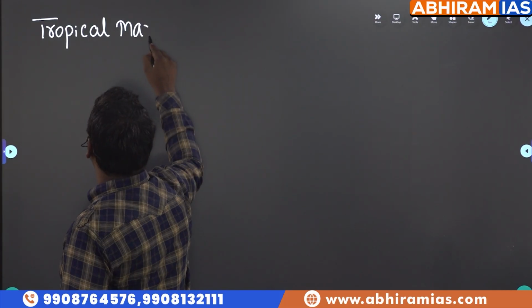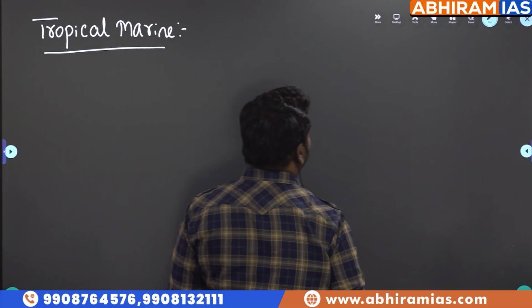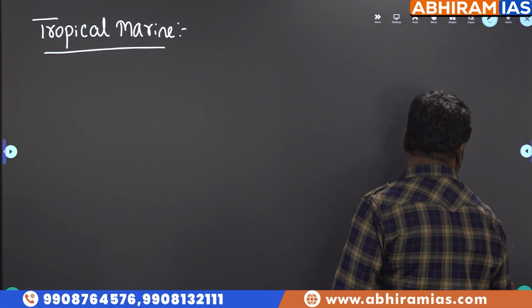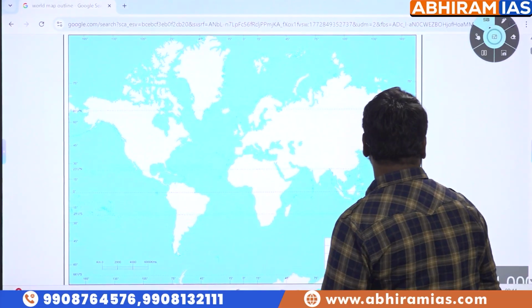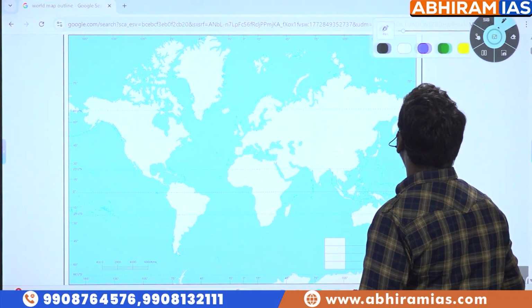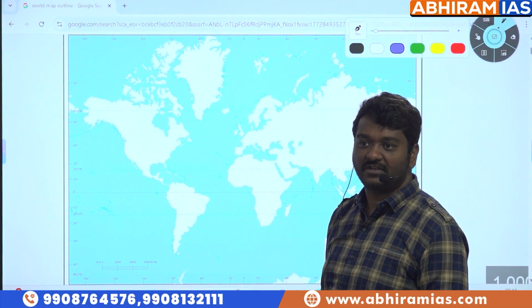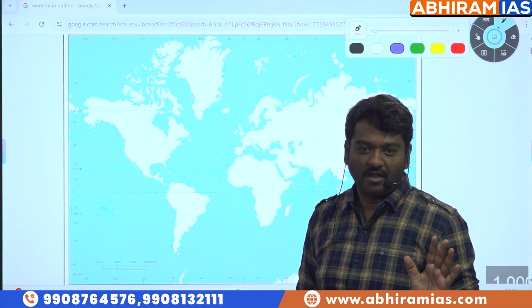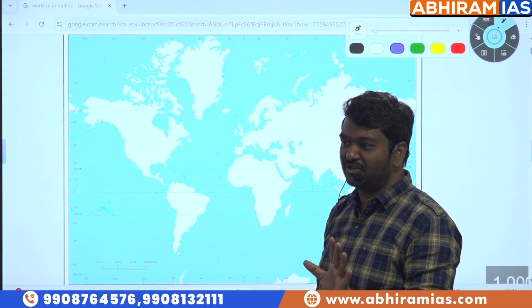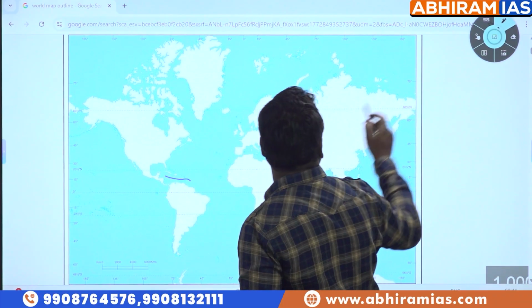Second, tropical marine climate. Can you tell me which side you wrote? Eastern side or western side? They are present on the eastern side of the continents. Now, what is the current here?